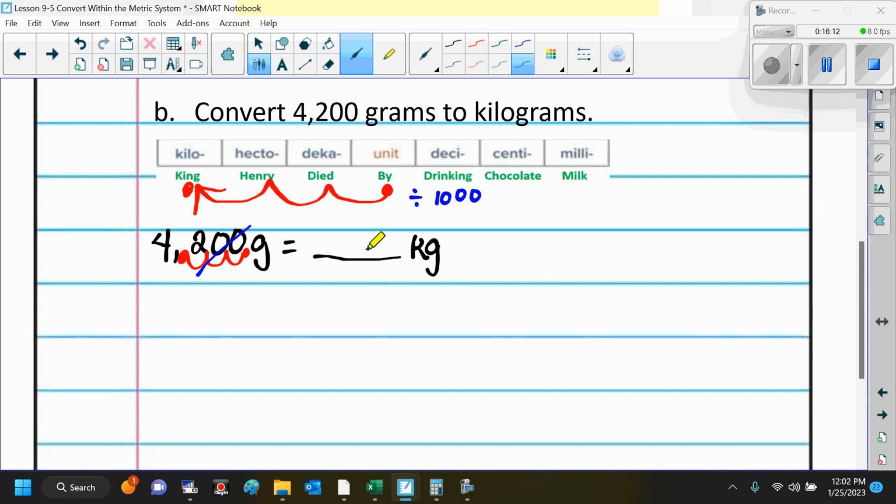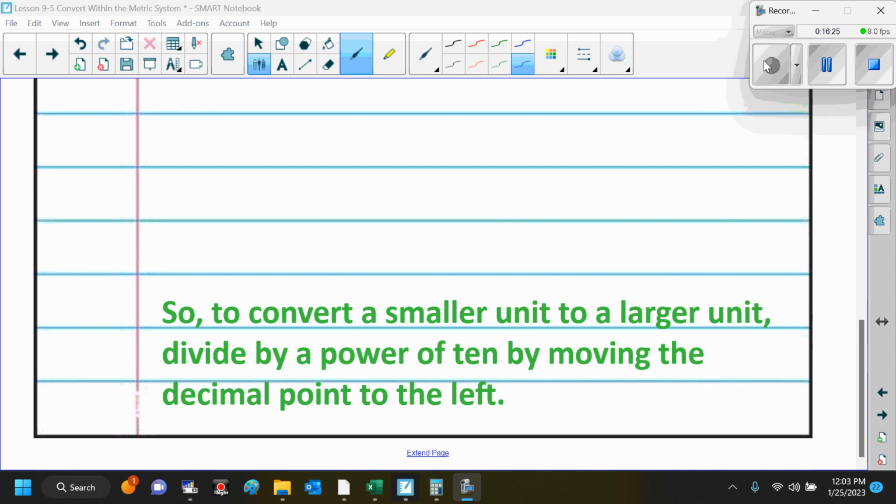Yes. So what is 4,200 grams in kilograms? 4.2 kilograms. Is everybody clear? Yes. All right. So, to convert a smaller unit to a larger unit, you divide by a power of 10 by moving the decimal point to the left. Is everybody clear? Yes.